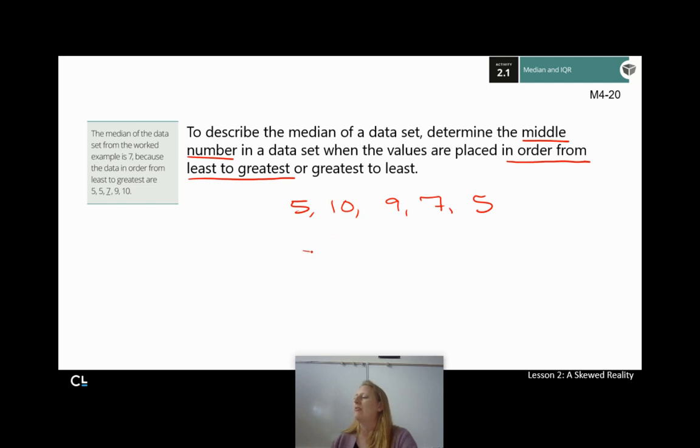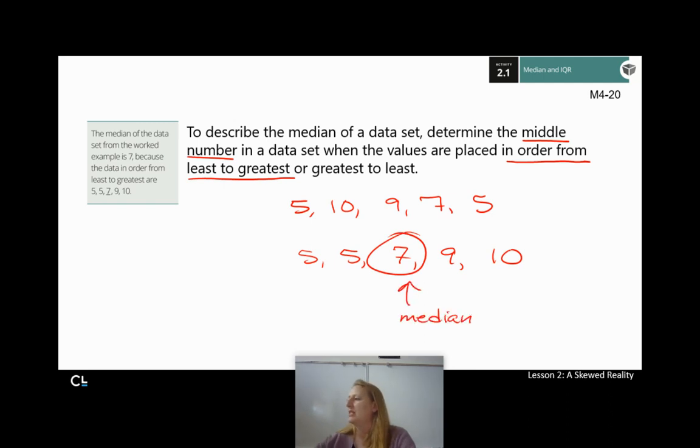So I have 5, 5, 7, 9, and 10. My median is the middle number, so this guy right here in the middle. My median for this data set would be 7. So the mean was 7.2 and the median is 7 for this particular data set.